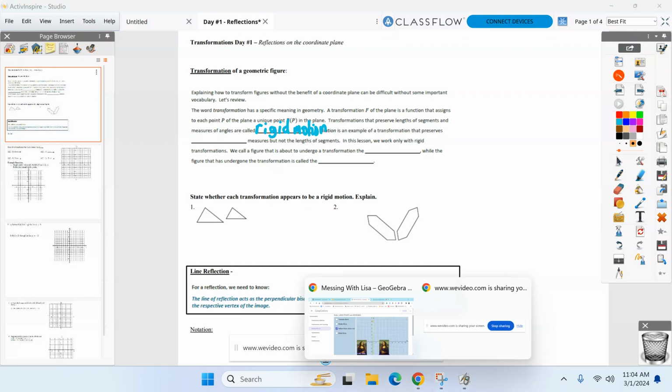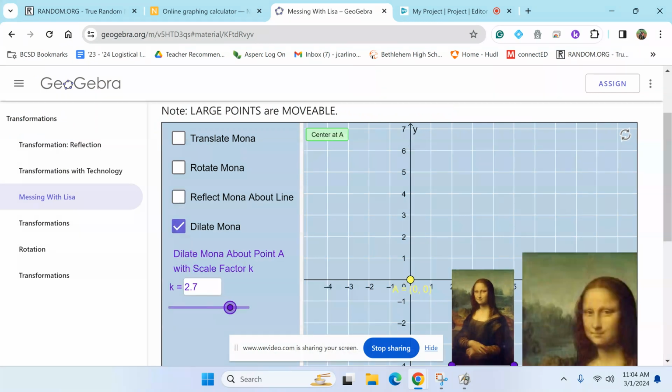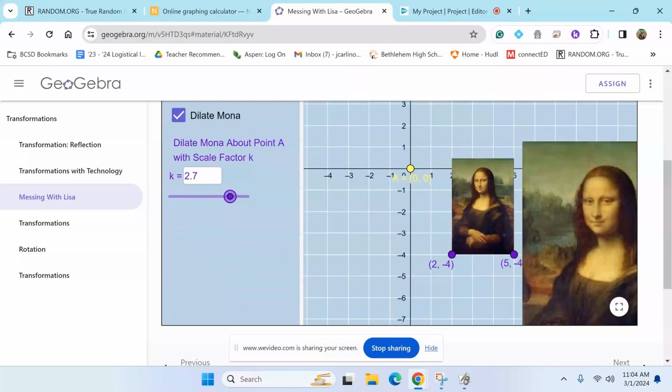Now, we said, going back to my Mona Lisa diagram, 3 out of the 4 did that. 1 didn't, did it? That one didn't. So this wouldn't be a rigid motion. Okay, this is a dilation. All right, it's called the dilation. They don't preserve side length, but you know what is the same? The side length isn't the same, but the angle measurements are.